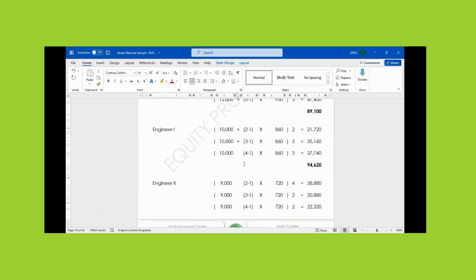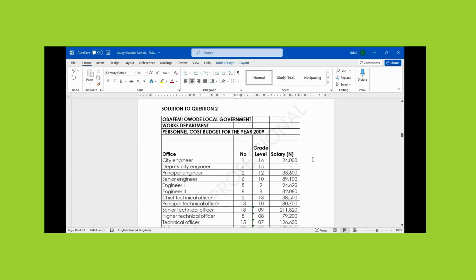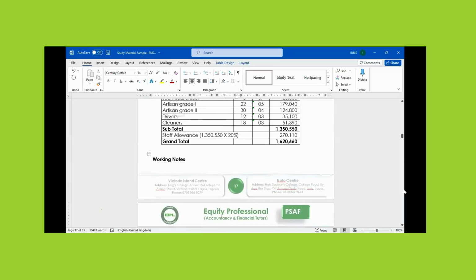So that is how you are going to get that. You do the third one too, and what you are going to get is 94,620. You take it to your main solution, which is engineer 1, 8 staff, grade level 9, 94,620. So you will continue for other staff.